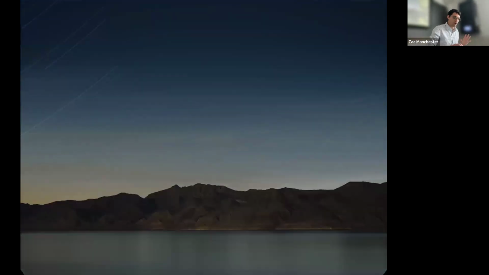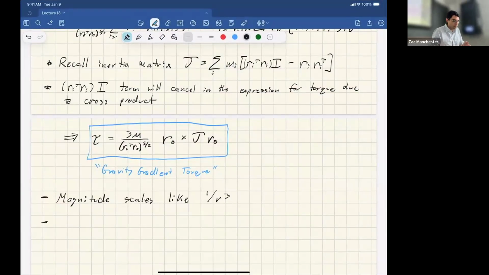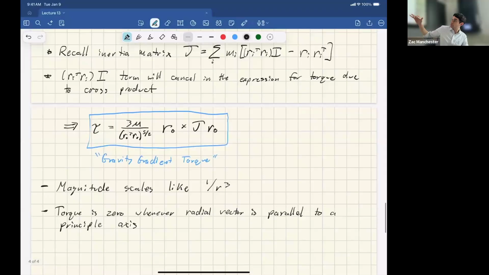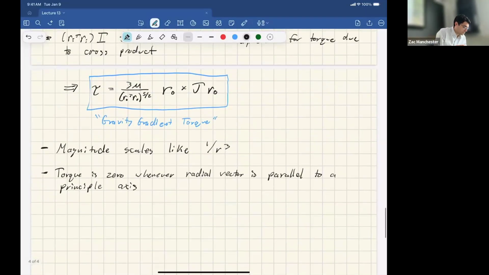It's the same argument as before. Okay, let's write that down. Whenever an inertia principal axis is lined up with the radial direction.